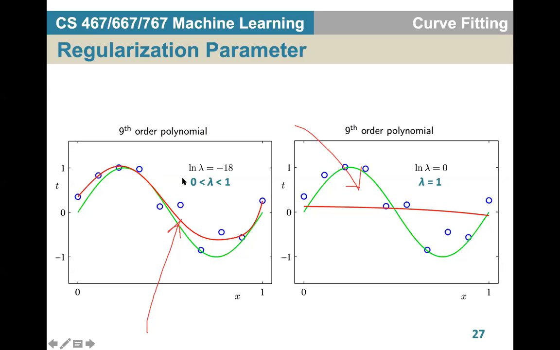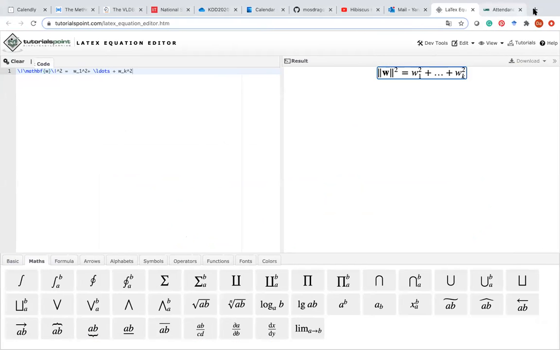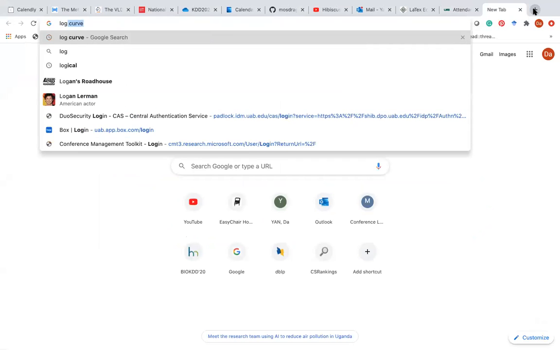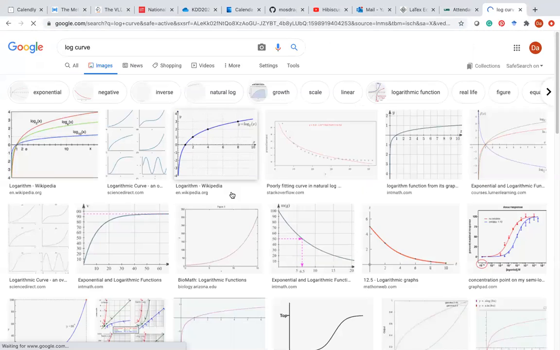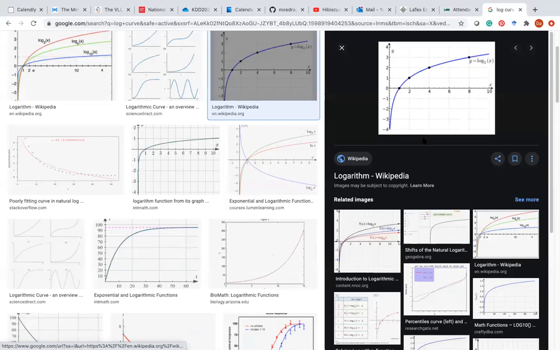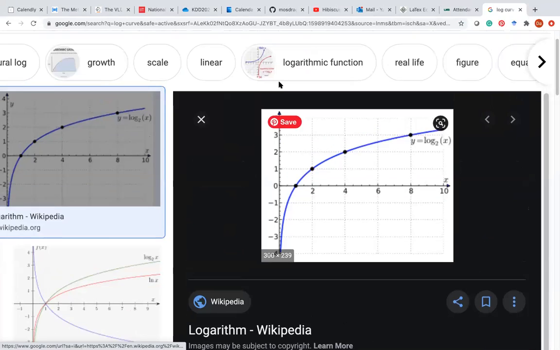Here we are using a log function. The reason is if you look at the log function, this is the log function. Log is log e, by the way, the natural log, not log 2, but it's the same thing. Basically you pass through (1, 0): X is 1, Y is 0.